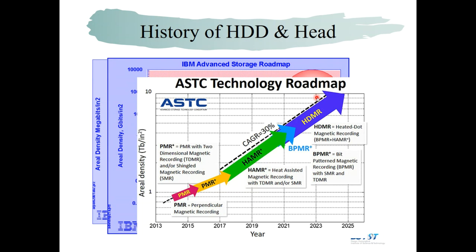About 10 years ago, the clock speed of the CPU was already 3 GHz. Now it's almost the same. We cannot make an even faster clock speed. Instead of that, the CPU companies decided to make multiple cores to enhance the performance of the CPU. So we may come up with another idea to boost up the capacity of the hard disk drive.